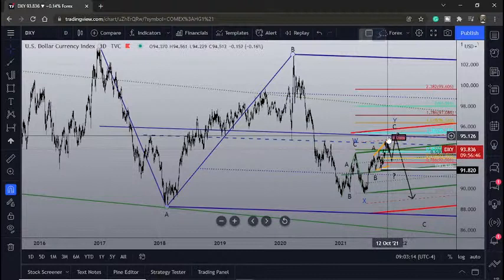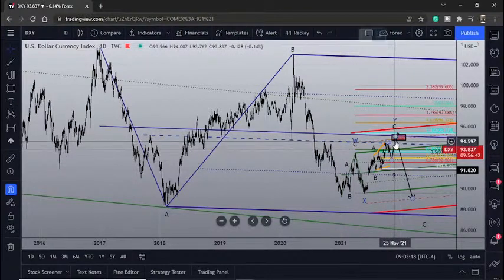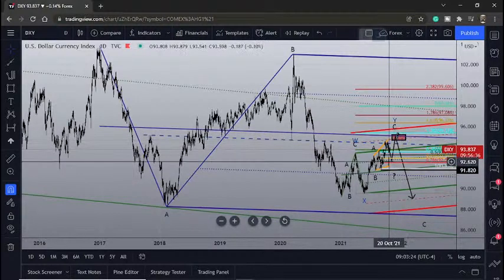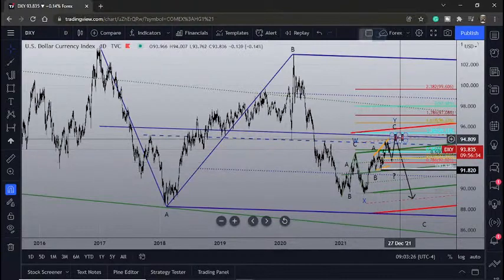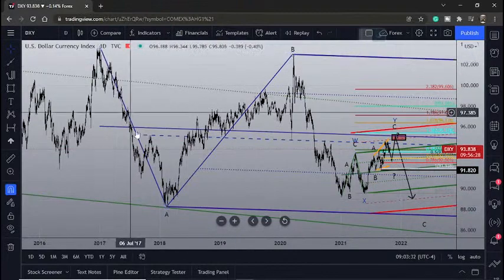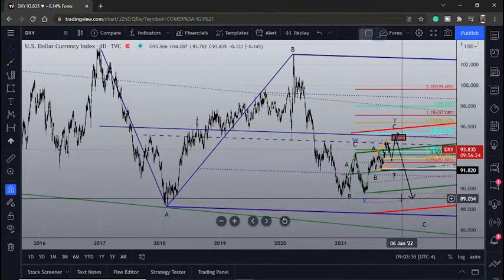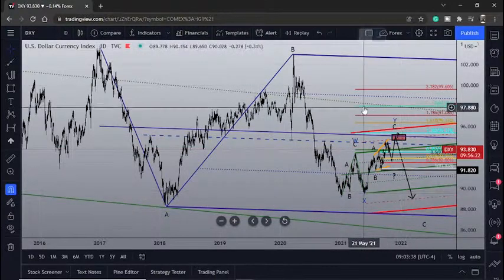And I do think that at some point at the end of this year, well, we're almost at the end of the year already, we might potentially get another peak, but like I said, corrective in nature, and then see another move to the downside to potentially complete this very large correction that I think is just not over yet.